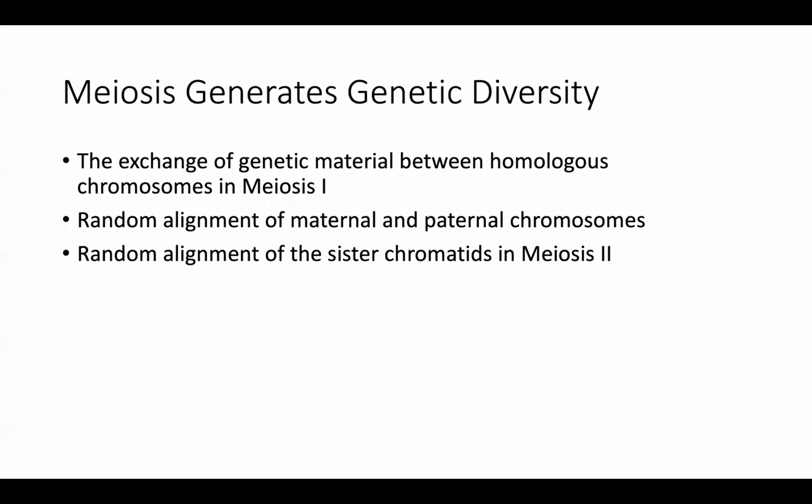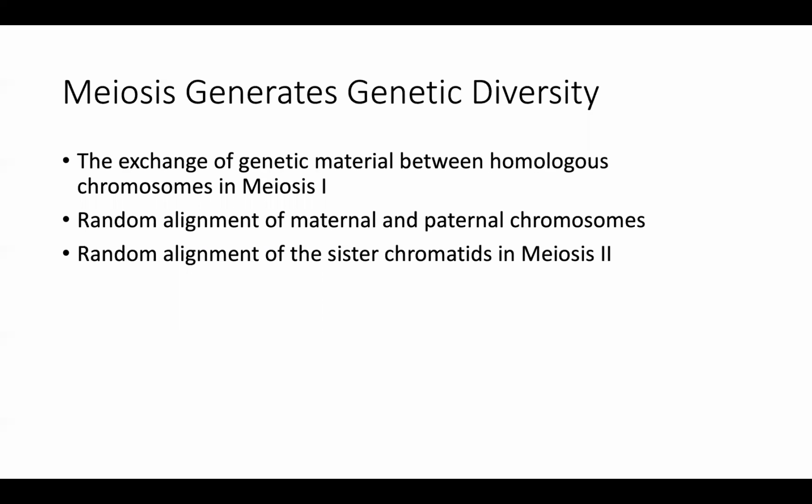So what are we getting from meiosis? It's a little bit different than mitosis. Mitosis is kind of like cloning. Everything is going to end up the same. What we get from meiosis is genetic diversity. This is absolutely important. All right. So during meiosis, the exchange of genetic material between these homologous chromosomes is happening.